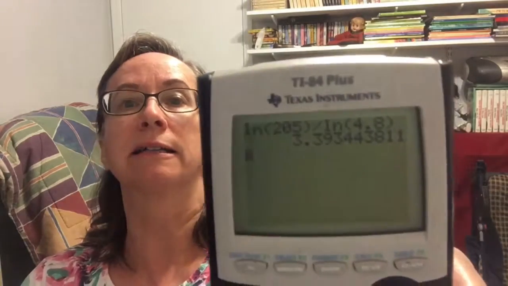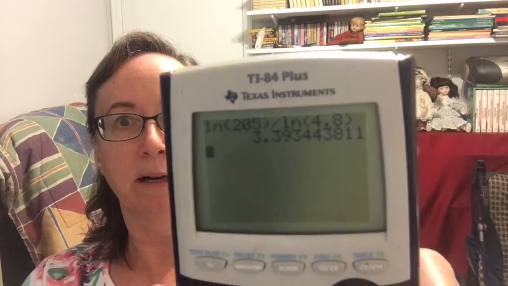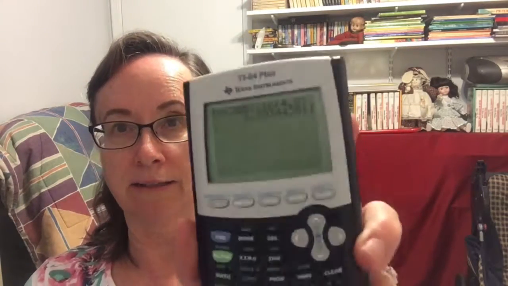So natural log of 205, divided by natural log of 4.8, and I used natural logs instead of regular logs that time, and I ended up with 3.3934 from my answer key, and that looks good right there. Okay, so that is finding a log using the change of base formula.